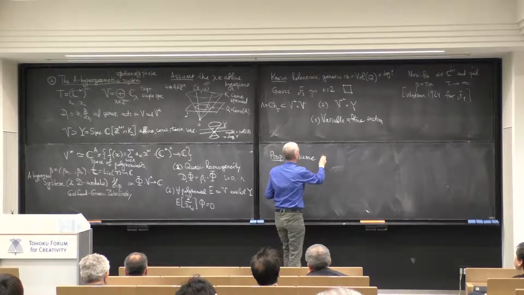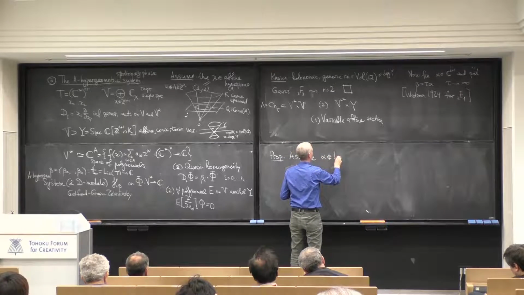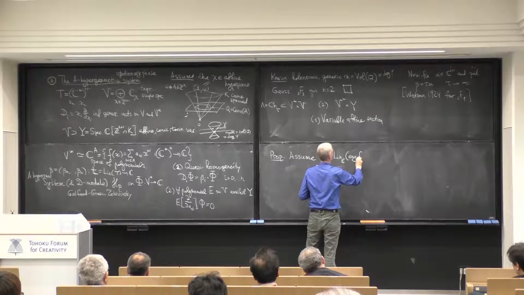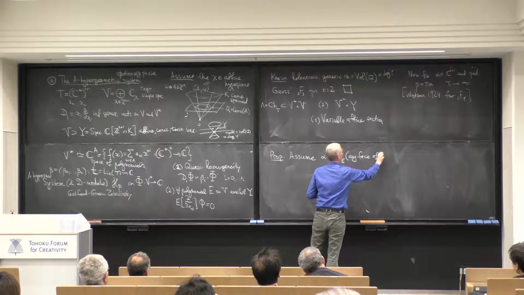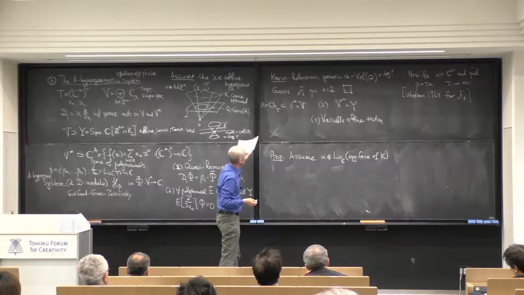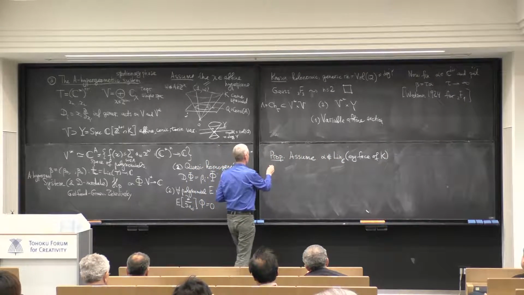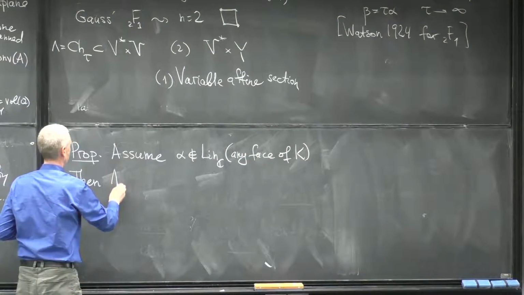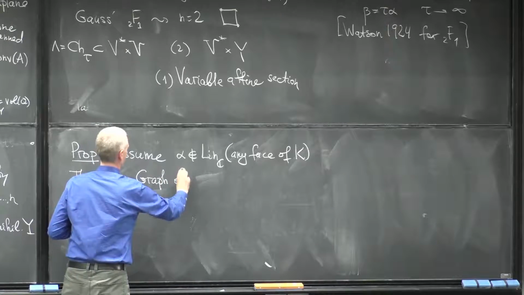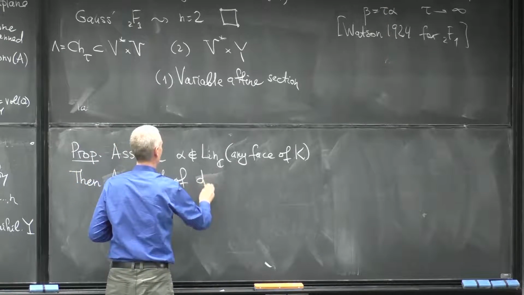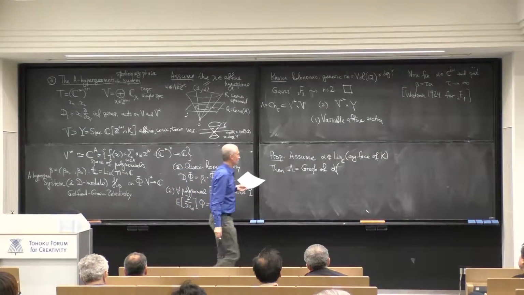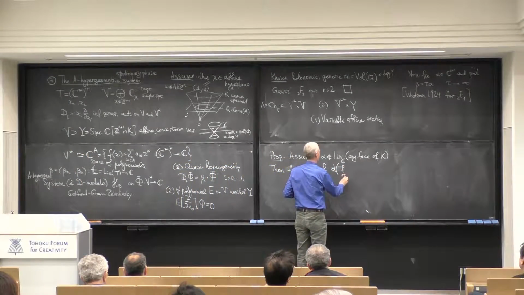I assume alpha does not lie in a complex linear envelope of any face of K. Then lambda is, we can say what is the generating function of lambda.